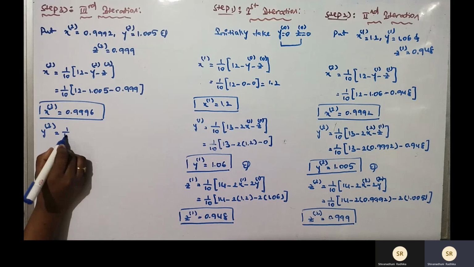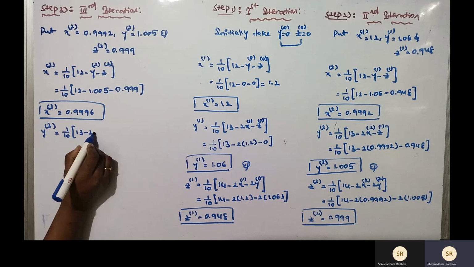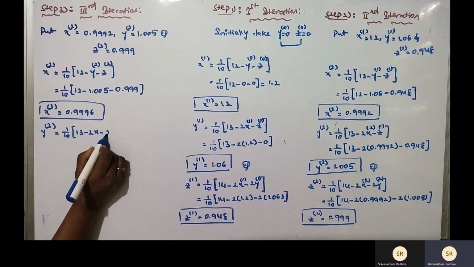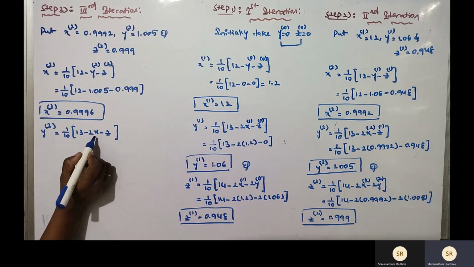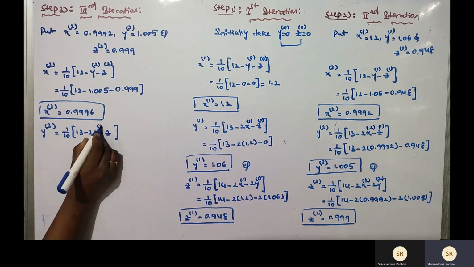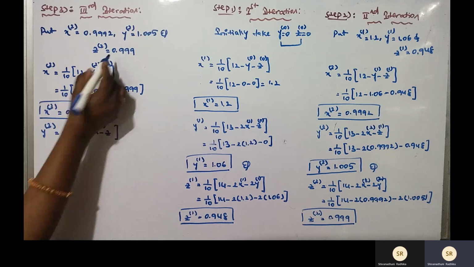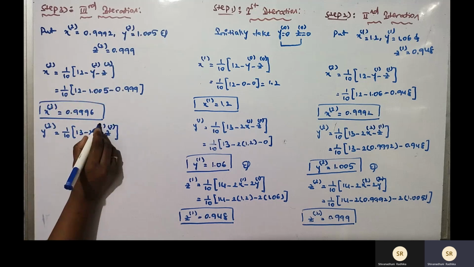Right. Now find out y third approximation. So take the function or equation for the y, second equation 1 by 10 into 13 minus 2x minus z. In the right side, we are going to substitute the approximation. For the x, last approximation is the 3. Right. For the z, the last approximation is the 2. This is the 3.